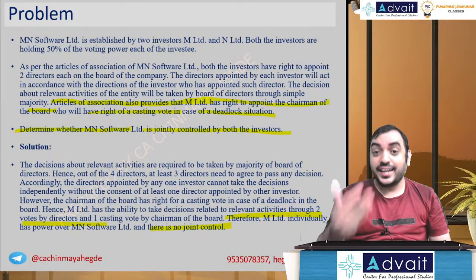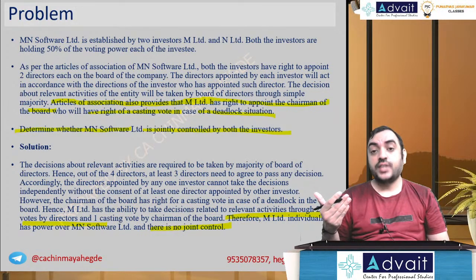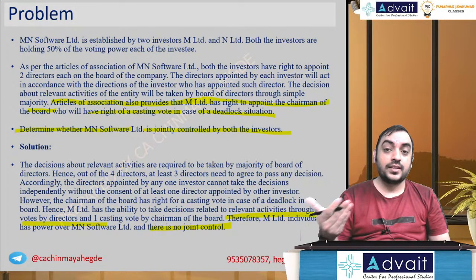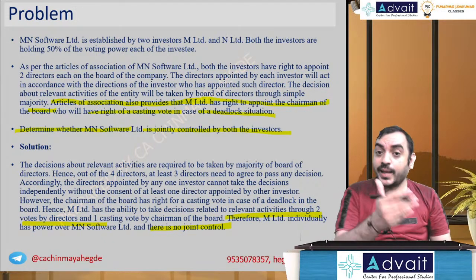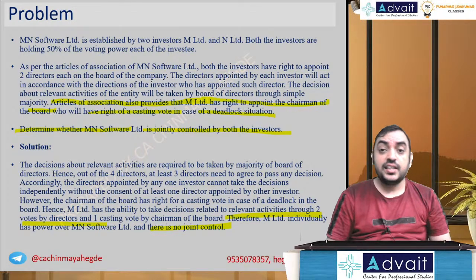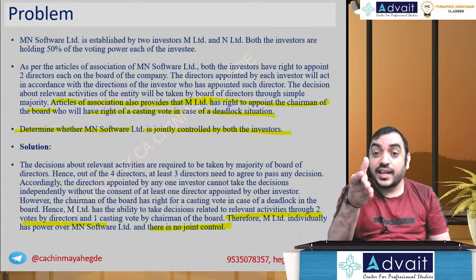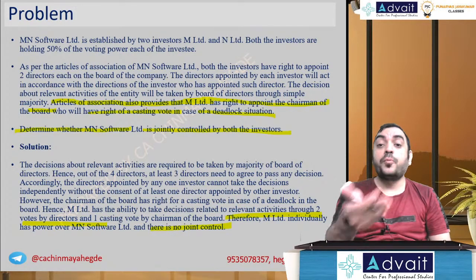So, if you are preparing the financial statements of an organization, you should look at facts like this. Look at explicit joint control, implicit joint control. Are there any provisions in the articles giving the chairman the casting vote? And who appoints the chairman?